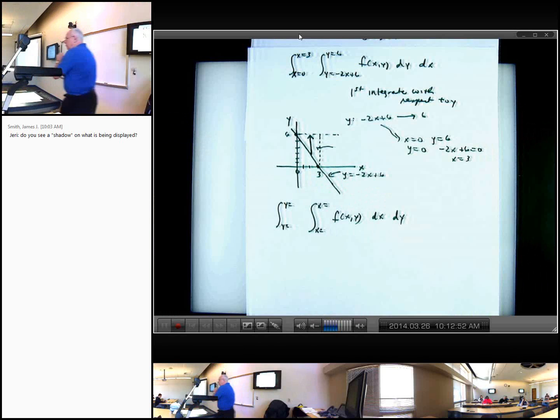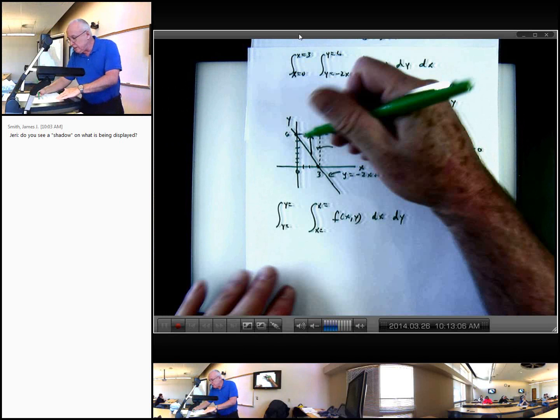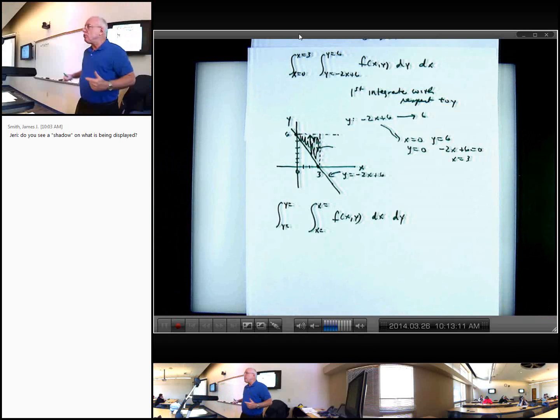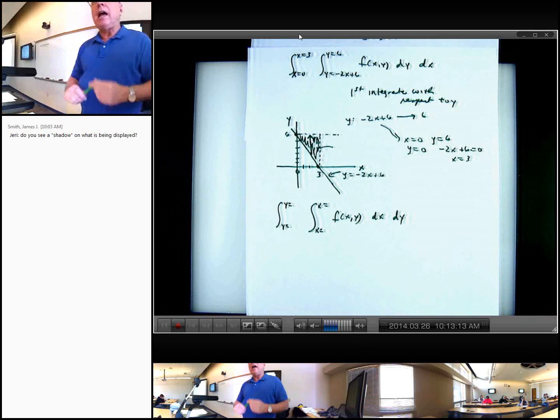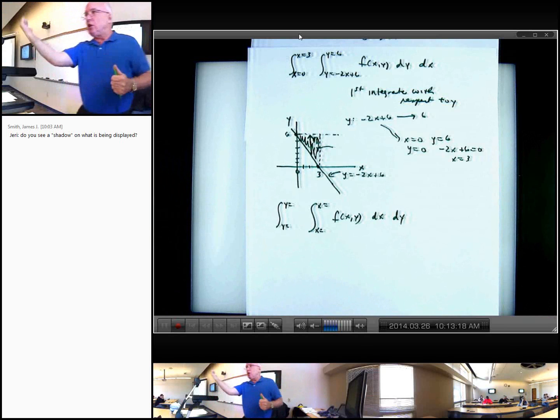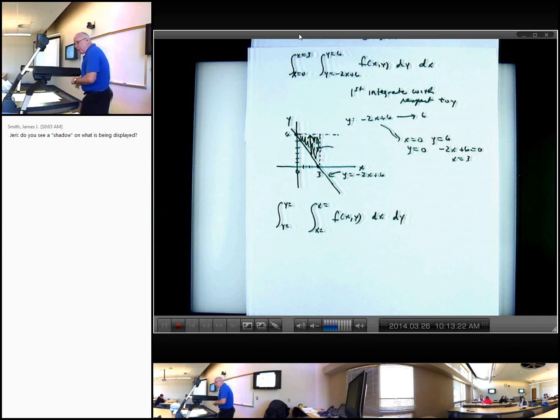You have to do a little bit of work to do this. Notice that straight line, that represents my lower values of x as we go across, right? But the area that we're talking about is this area right here. So that straight line gives me my lower value. If we're looking for x values, we're getting bigger as we go to the right. But that line, as I've written it, is y equals minus 2x plus 6.